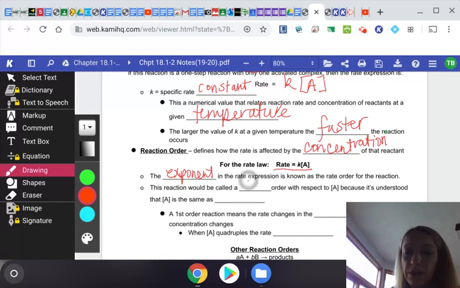This reaction would be called first order with respect to A because it's understood that A is the same thing as A to the first power.